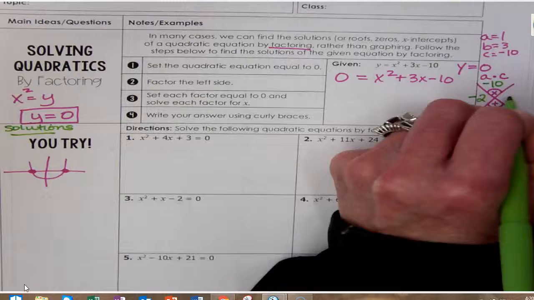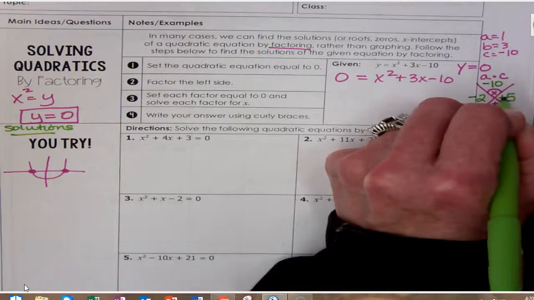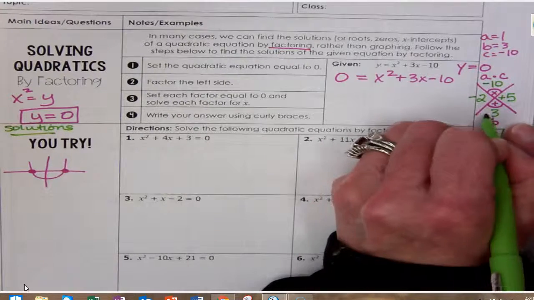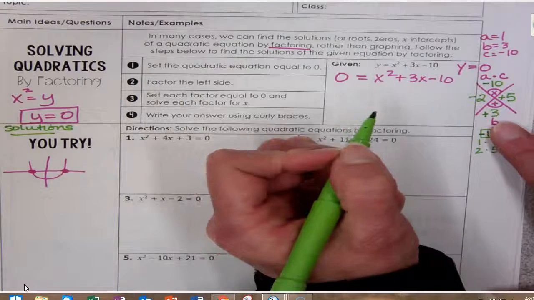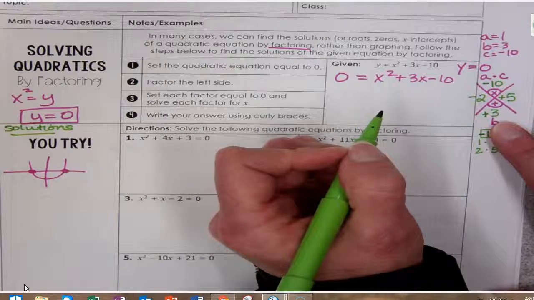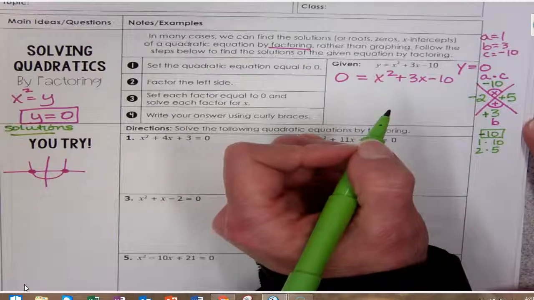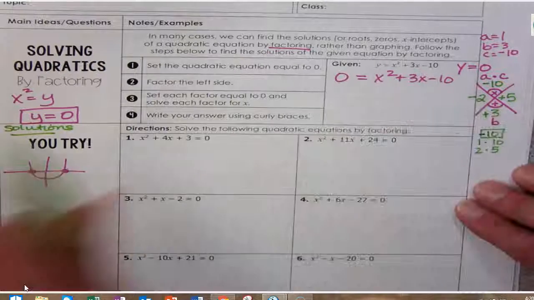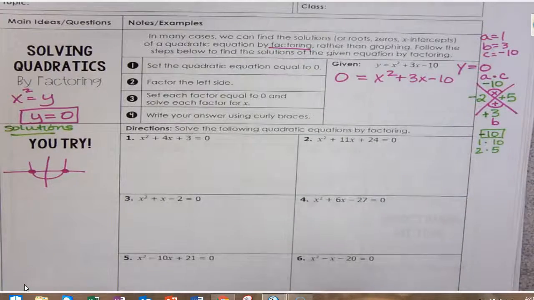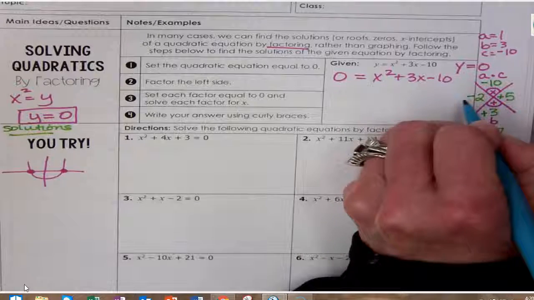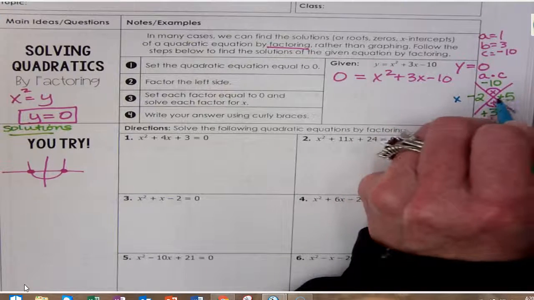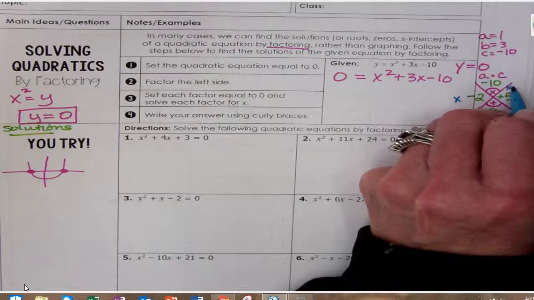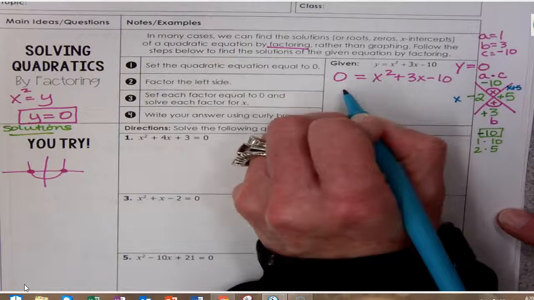positive 3. And as we talked about in class, whatever sign this one is, the bigger number will be the sign of the B. So I can come over here and I can say, all right, I've got x minus 2 and x plus 5 are my factors.